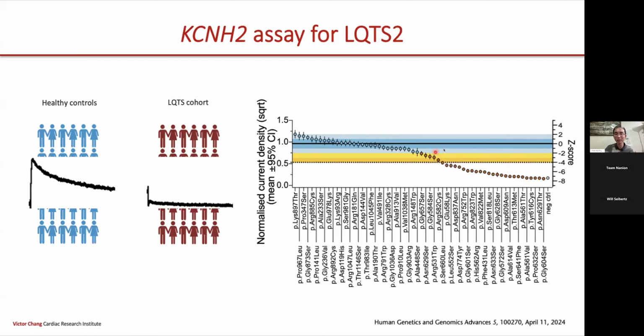Because of that, we actually use a graded evidence strength, even though the assay itself, given its sensitivity and specificity, could be applied at PS3. The yellow region here between -2 and -3, we use as supporting. Then moderate, and then severe large effect size, we use as strong evidence strength using the PS3 criteria.